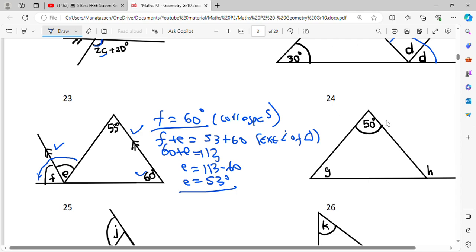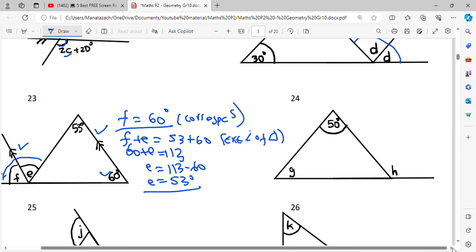Now let's go to question 24. Okay, question 24. We have to calculate G and H. If these two sides are equal, in fact, for this question, then this angle will also be equal to angle G, because this is an isosceles triangle.